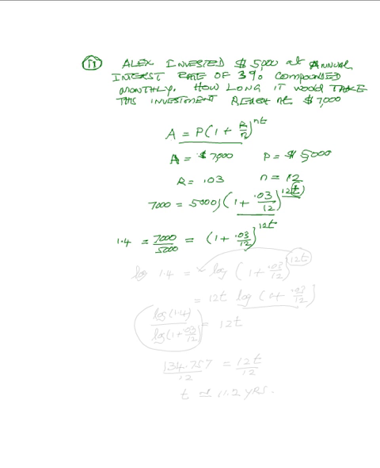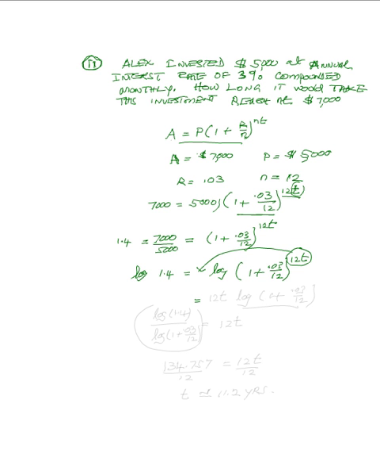Now, if I take logarithms on both sides, I will have log of 1.4 equals log of 1 plus 0.03 over 12 to the power 12t. As we did before, we could bring this 12t down as the coefficient using the property of logarithms.